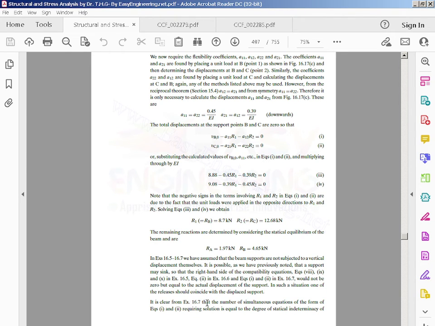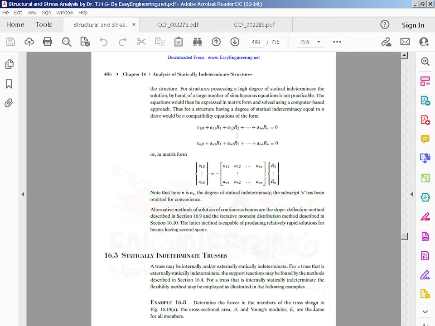It is clear from example 16.7 that the number of simultaneous equations of the form of equations 1 and 2 requiring solution is equal to the degree of statical indeterminacy of the structure. So this is just notes on the technique. For structures possessing a high degree of statical indeterminacy, the solution by hand of a large number of simultaneous equations is not practicable. The equations would then be expressed in matrix form and solved using a computer-based approach.